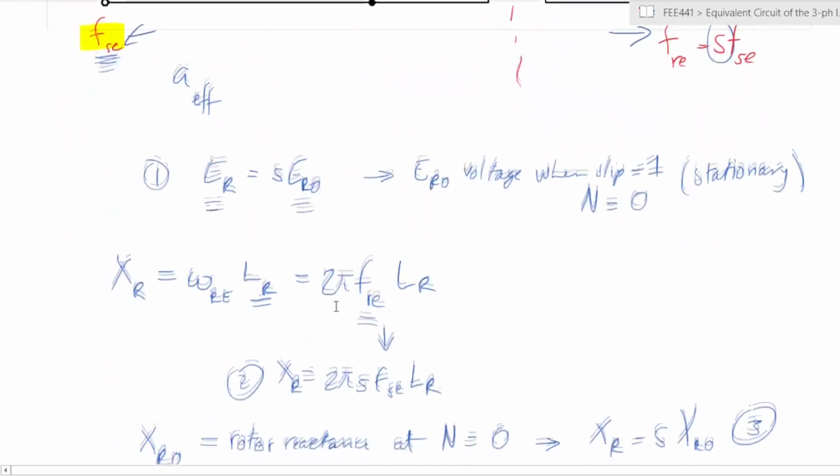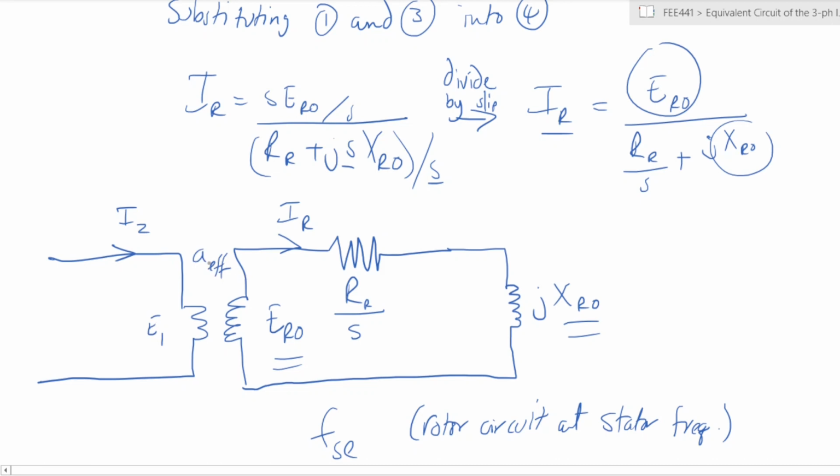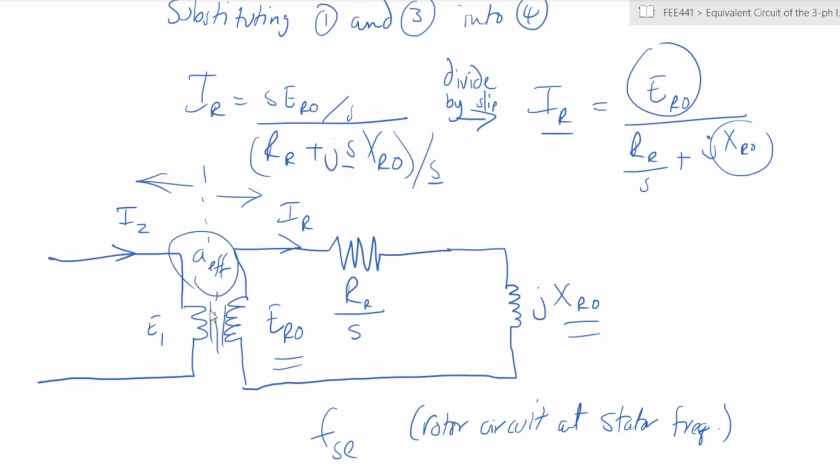Which is what we had seen from this side, all right? Remember here, what we had brought about here, right? So if we slightly change this around, if we extend this, this was the rotor circuit. So if we bring in the other part of the circuits, remember those ones still exist. The stator side of the circuit, which is I2 and E1, and here we have the effective turns ratio. So if we take this as your primary side, which is the stator, and this as your secondary side, you can relate the two of them through effective turns ratio.